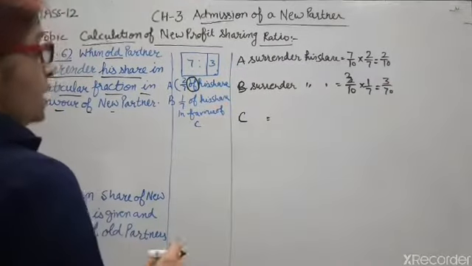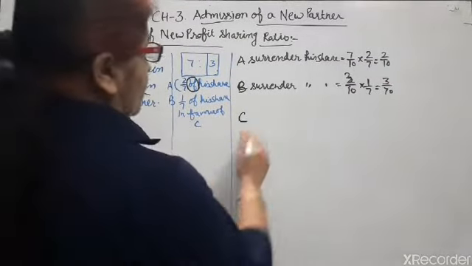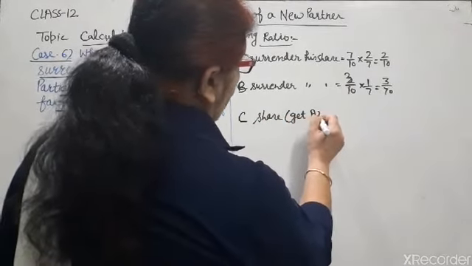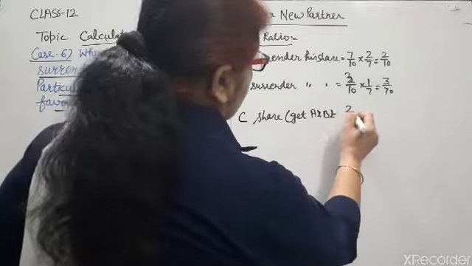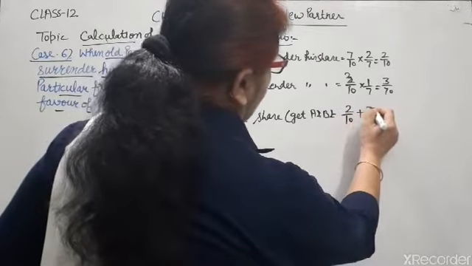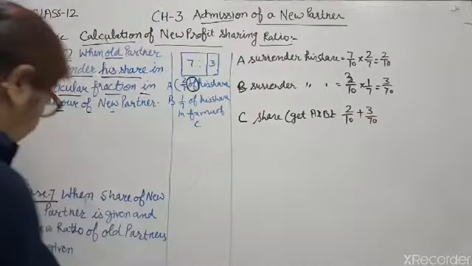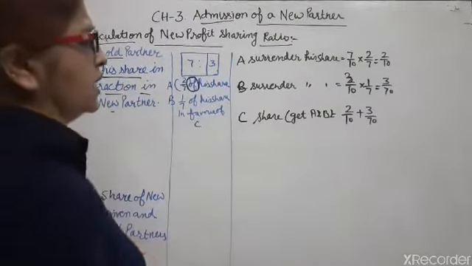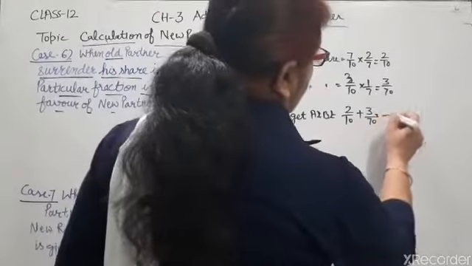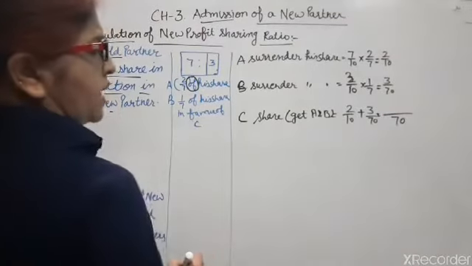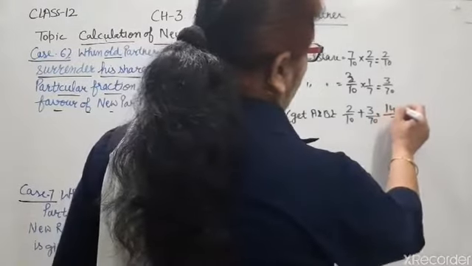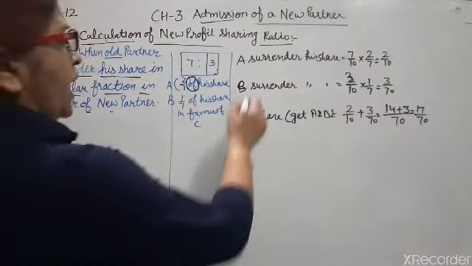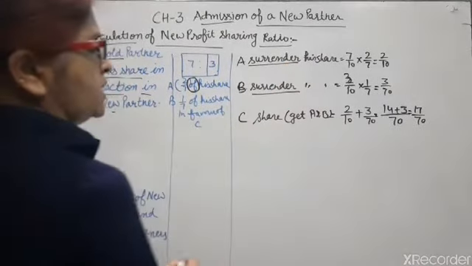Now C's share, what C gets from A and B, is equal to 2/10 plus 3/70. A surrendered 2/10 and B surrendered 3/70. It becomes C's share. With LCM 70, that is 14 plus 3, 17/70. It is the surrender, the sacrificing ratio.